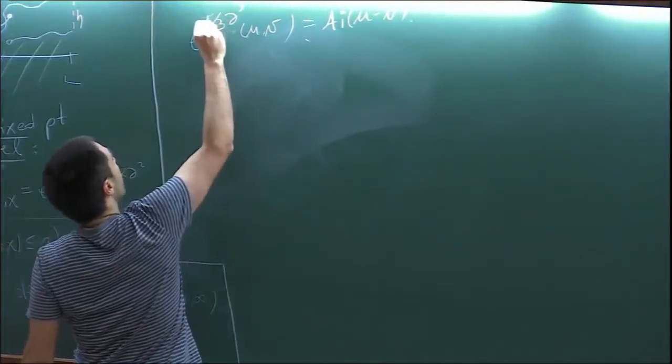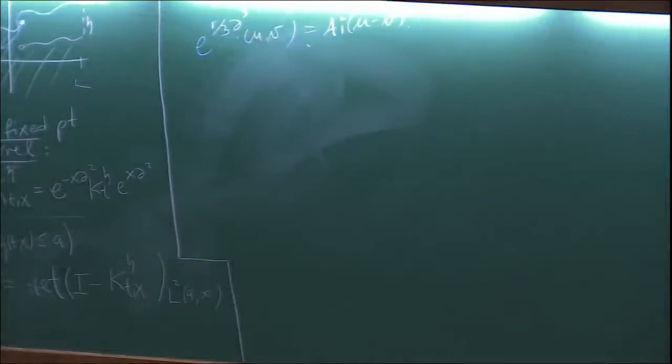I should put a 1. So 1/3 d cubed, that's really just this Airy transform kernel. But it's just easier to write it this way, and this is the way in which it's going to arise from TASEP very clearly, and we will see that probably on Friday. And yeah, this is really what's going on.